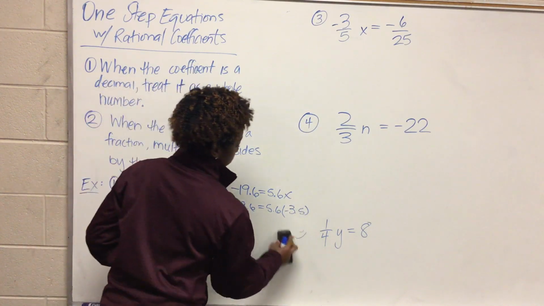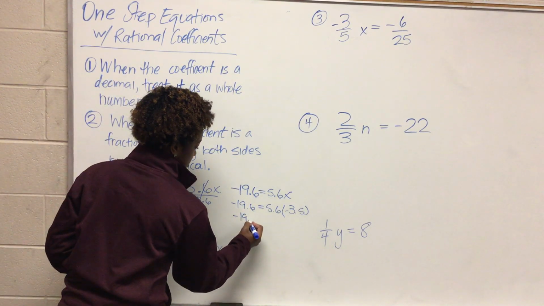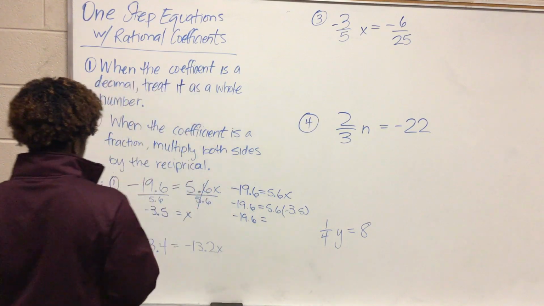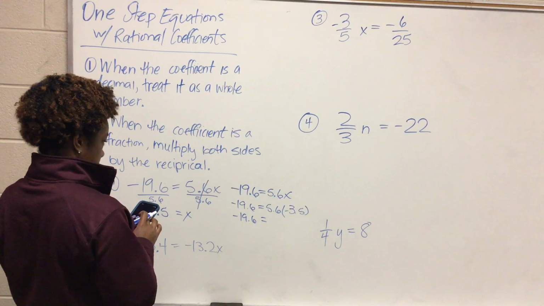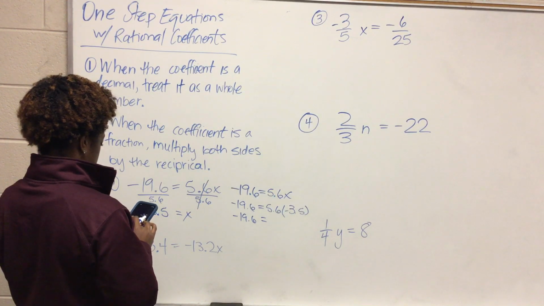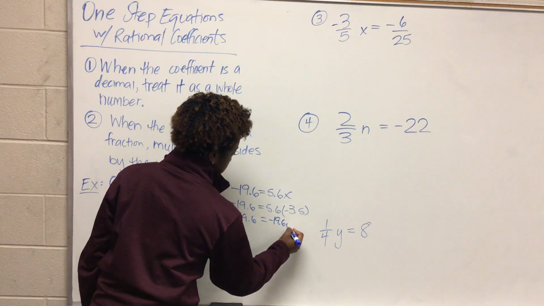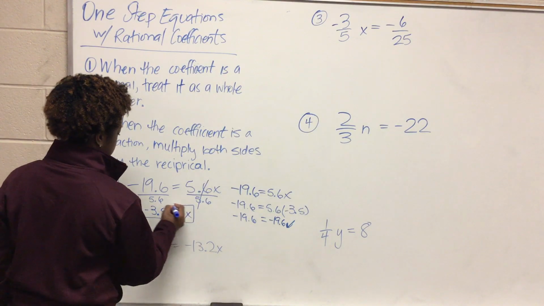Okay? And then you just solve it. 5.6 times 3.5, integer key. That definitely gives me negative 19.6. So I know that this answer is correct.